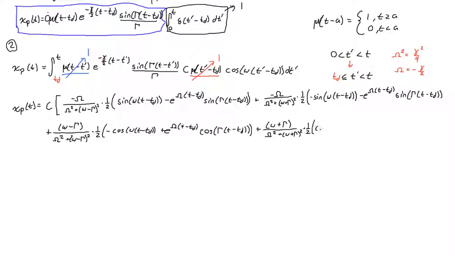And that's going to be cosine omega t minus t sub d minus exponential t minus t sub d cosine gamma t minus t sub d, and then we come here, and then finally we have that. So that is our particular solution, and wow, that took a long time to write.